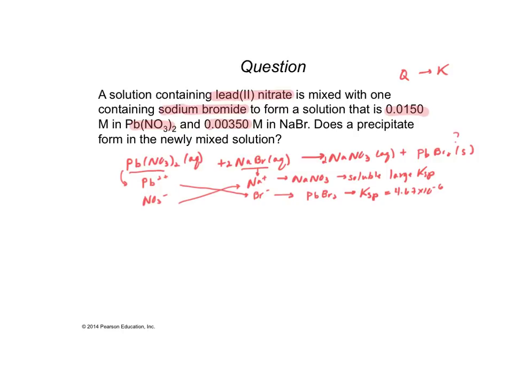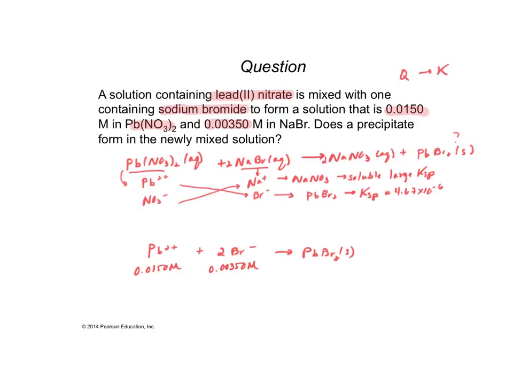Okay, so now the big question is, we're looking at Pb, and we're looking at 2 Br minus coming together. Okay, well, I want to know what the concentrations of these guys are to form this lead bromide. So they tell me that they mix these two in a way that forms a solution that is 0.0150 molar lead nitrate and 0.0035 molar bromide ion.